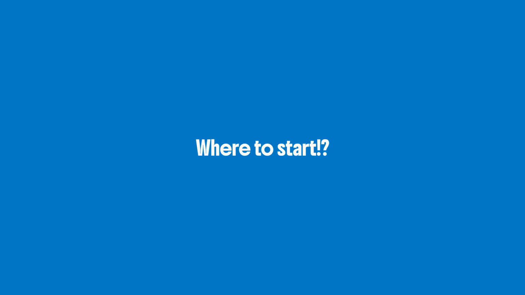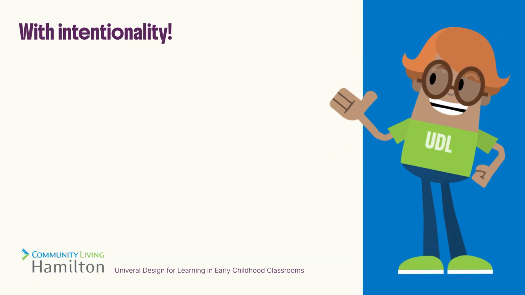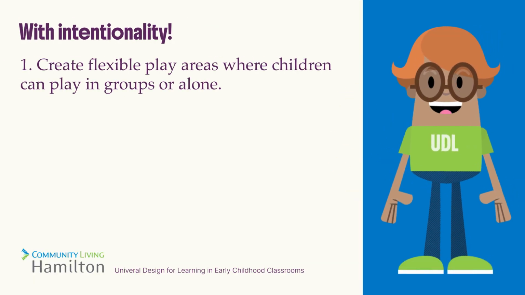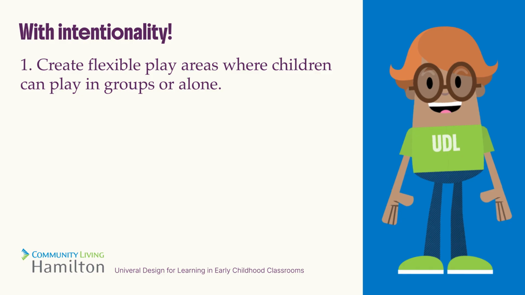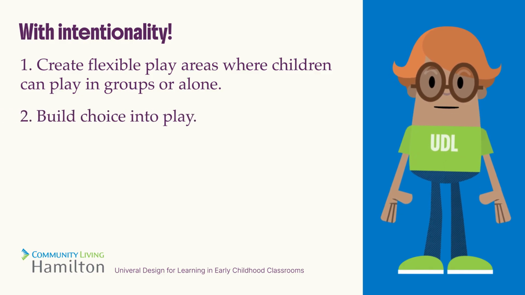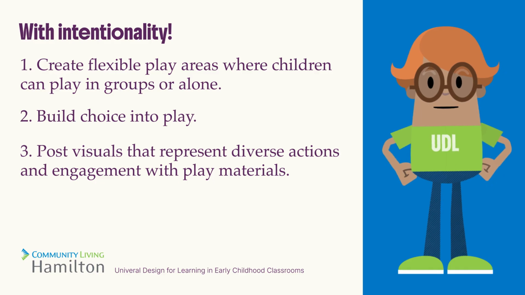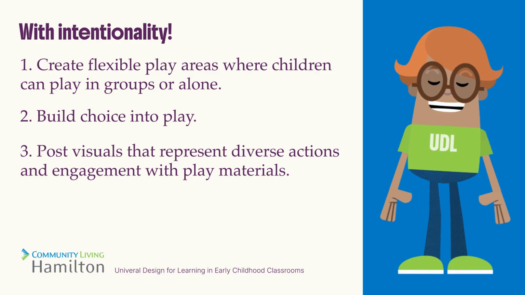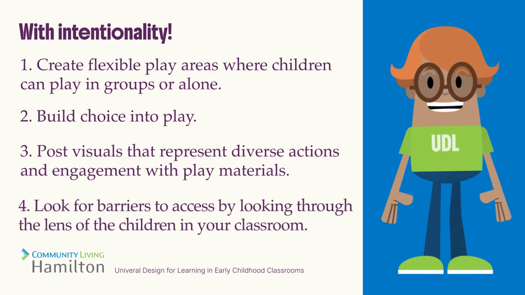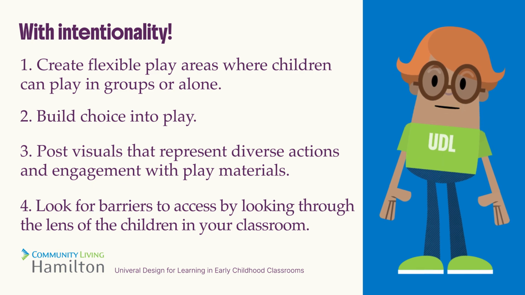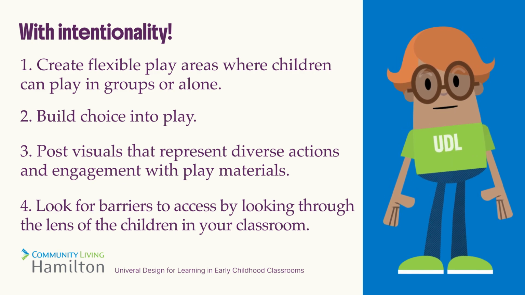Where to start? With intentionality. Create flexible play areas where children can play in groups or alone. Build choice into play. Post visuals that represent diverse actions and engagement with play materials. Look for barriers to access by looking through the lens of the children in your classroom.